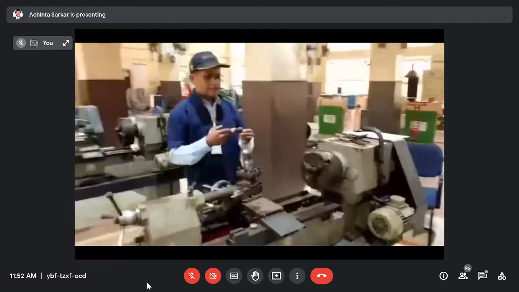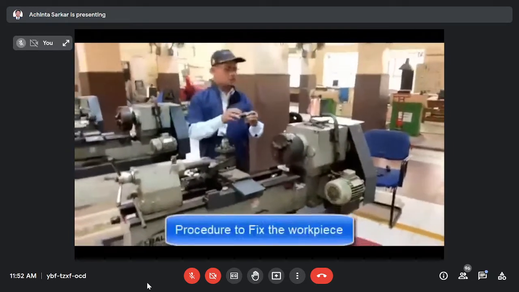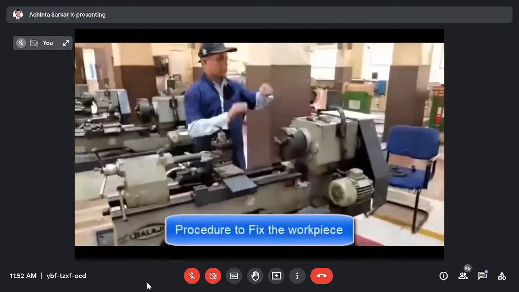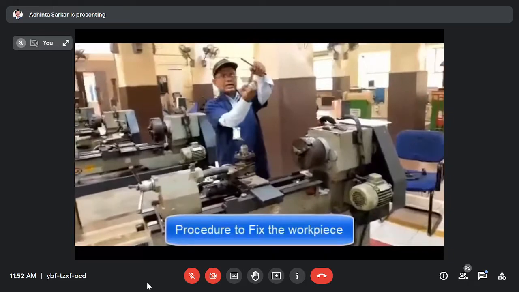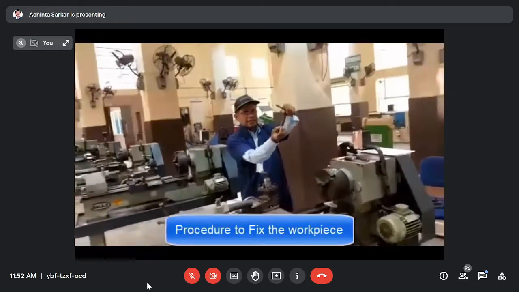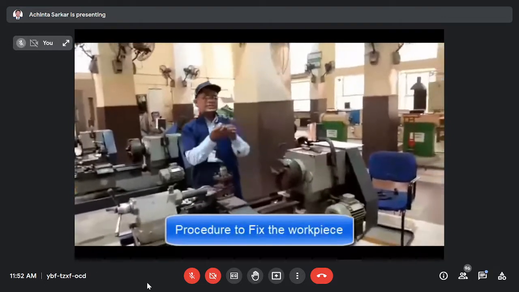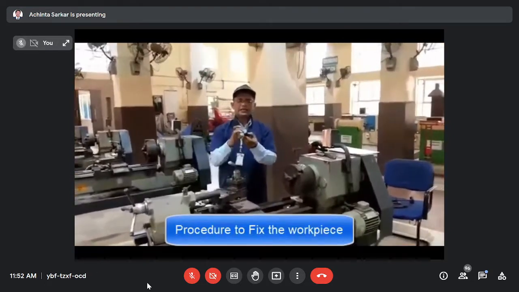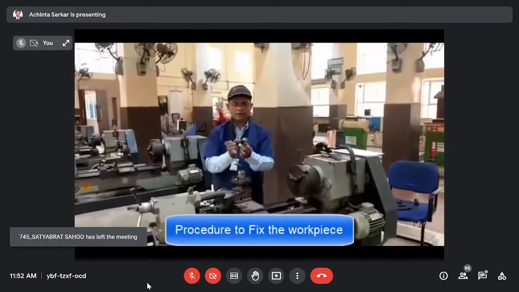Now, starting: how you hold the workpiece in the holding device, the chuck. First, you have to collect the chuck key. This is called the chuck, and this is the handling part, and this is the key part. You have to insert this key part here. This is a cylindrical workpiece, mild steel, length 82 mm and diameter 25 mm.